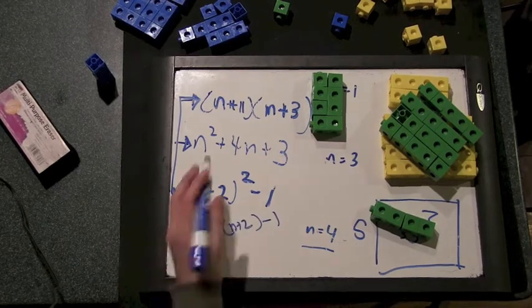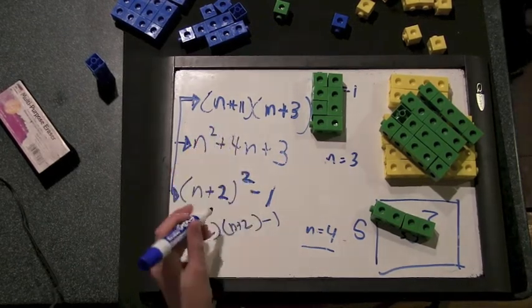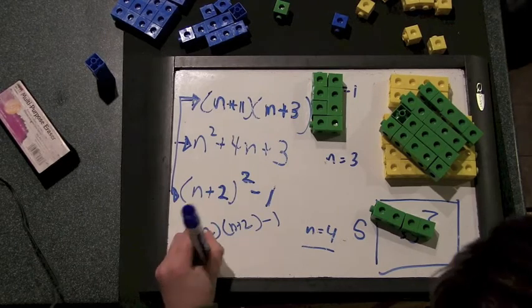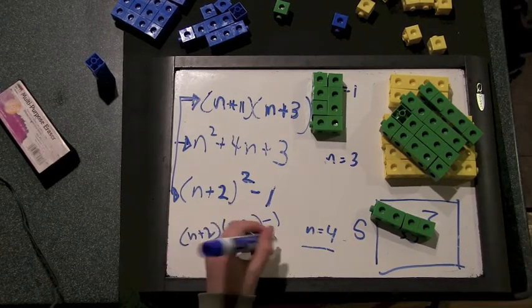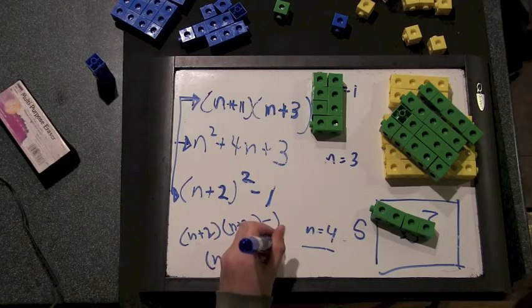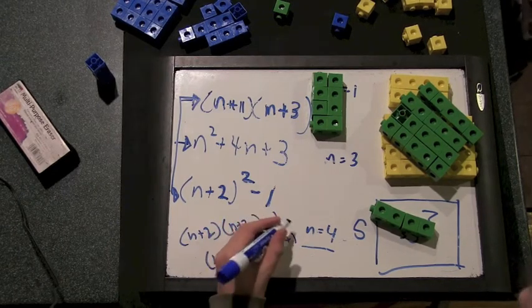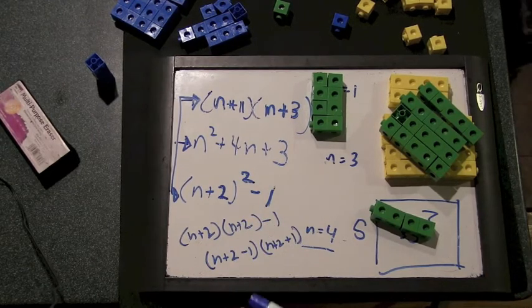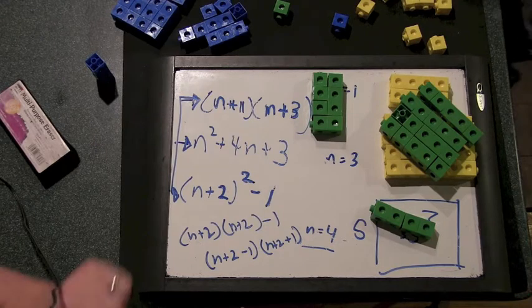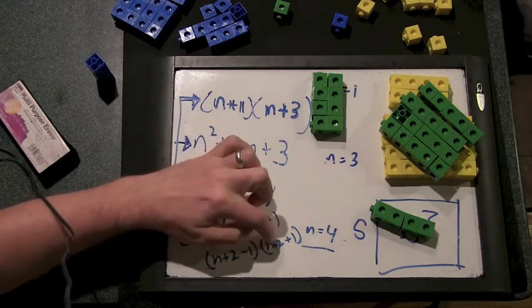And then this one up there is n plus 2 minus 1 times n plus 2 plus 1. What are you doing here? I'm not sure if this is going to help or not. Oh, I see. This is n plus 2 minus 1 times n plus 2 plus 1.